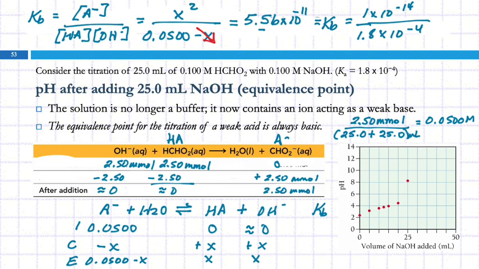So then x will be the square root of Kb times the 0.05. 1.667 times 10 to the minus 6.